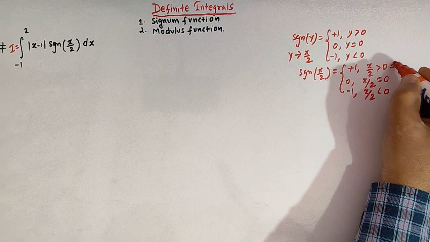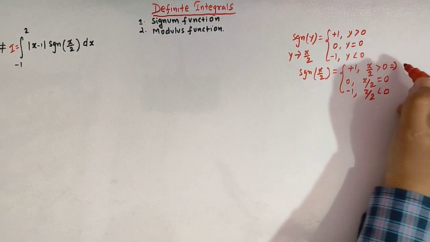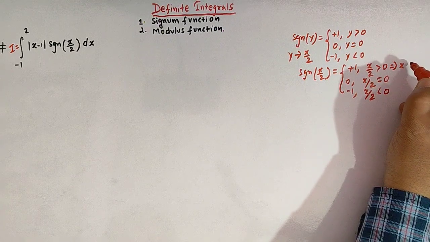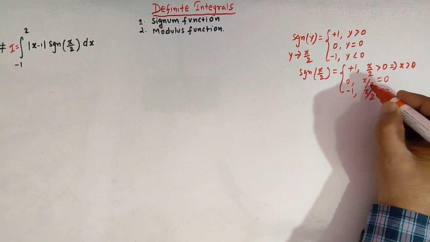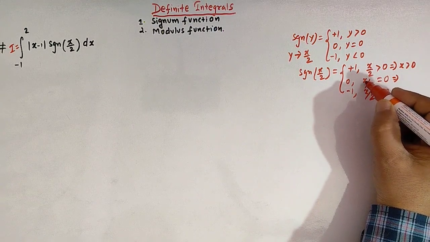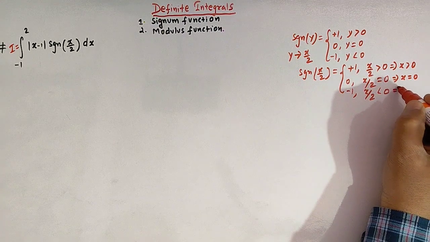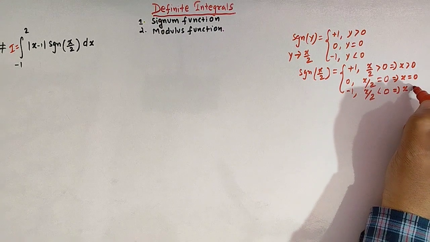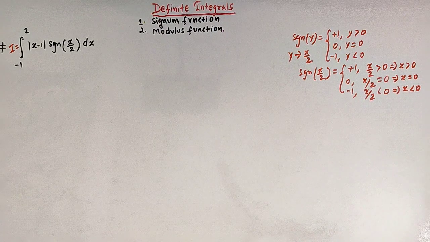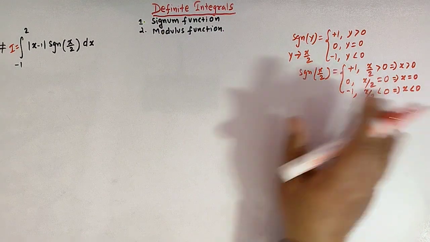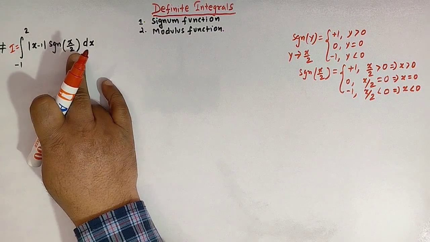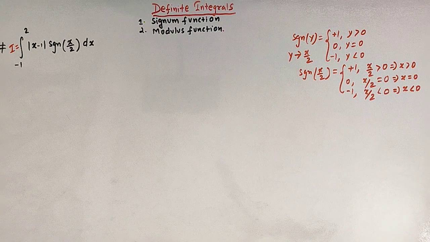If we solve these, we simply get x greater than 0, x equal to 0, and x less than 0. So this is the definition of signum of x over 2.